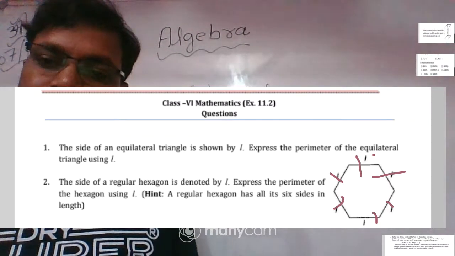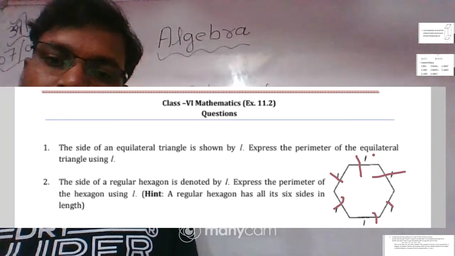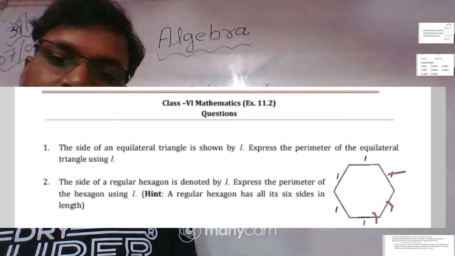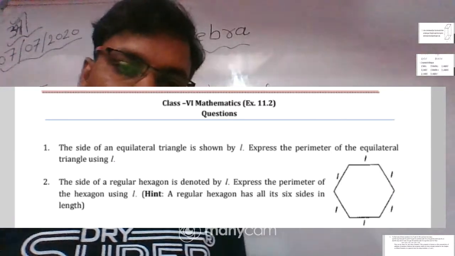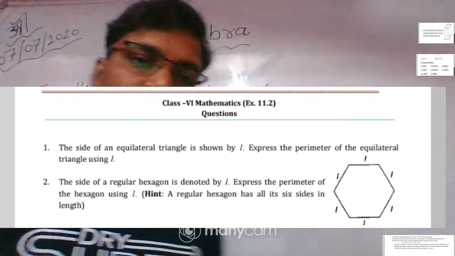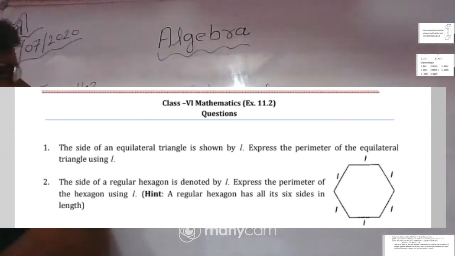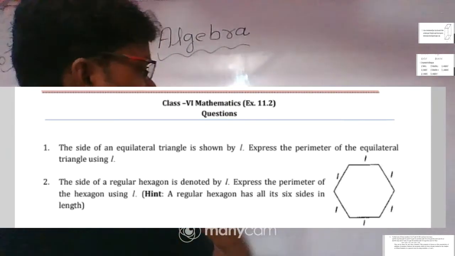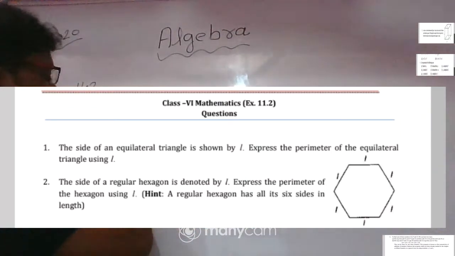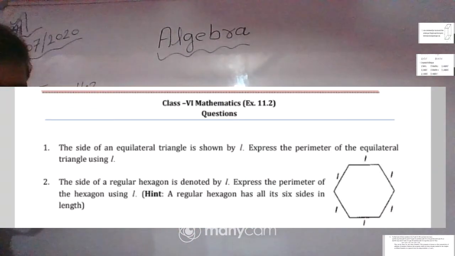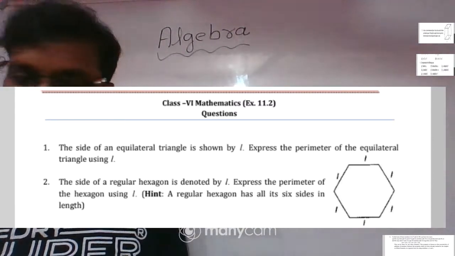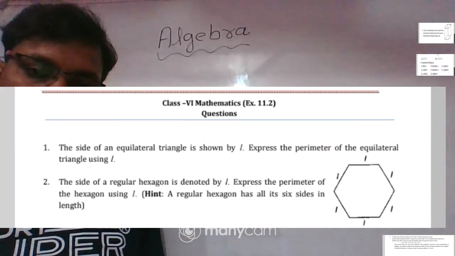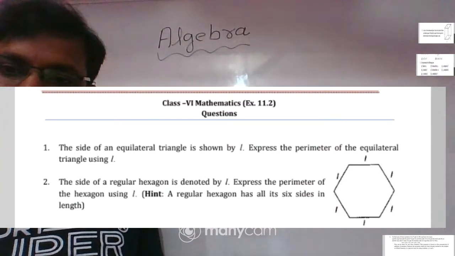So we find perimeter of regular hexagon. Perimeter of regular hexagon is equal to 6 into length of side. Here length of side is L. So let's see how to solve it.